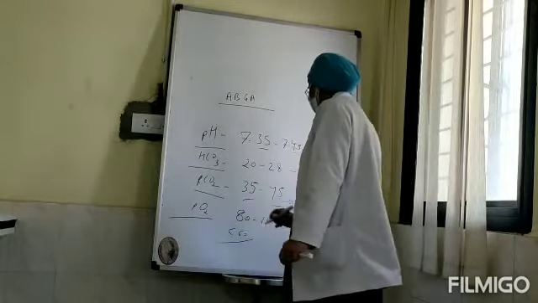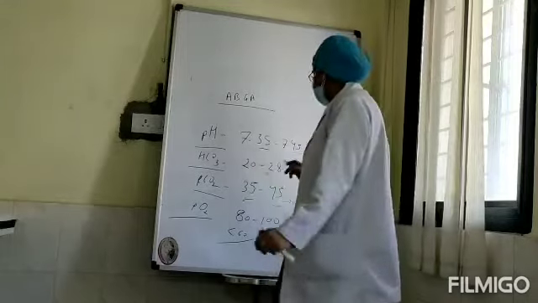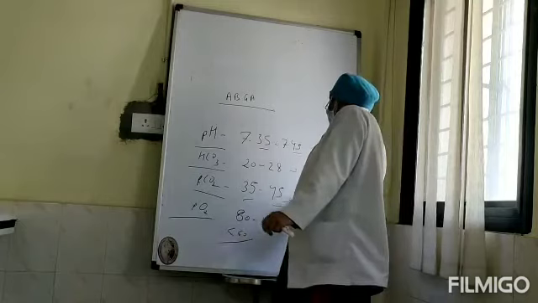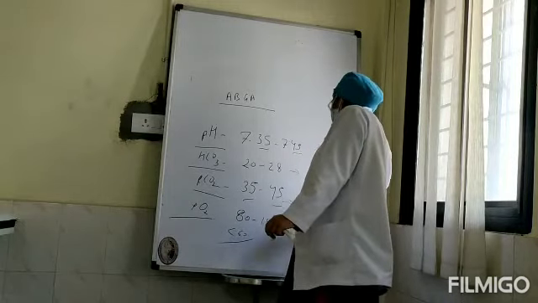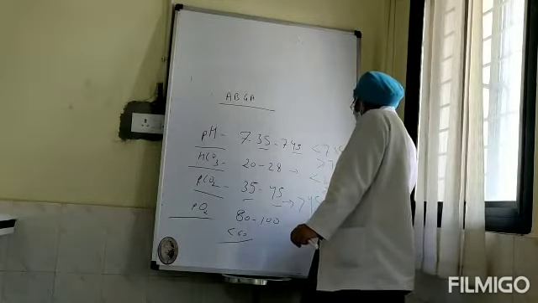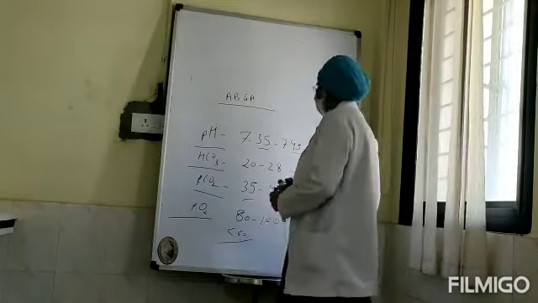This is the respiratory component. CO2 is a kind of acid, so when acid is more, you will get acidosis. When it is more than 45, we call it respiratory acidosis. When it is less than 35, we call it respiratory alkalosis. Hypoxemia I have already explained.